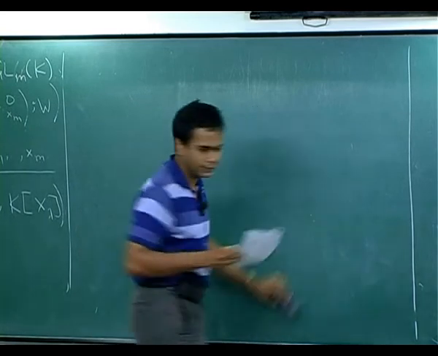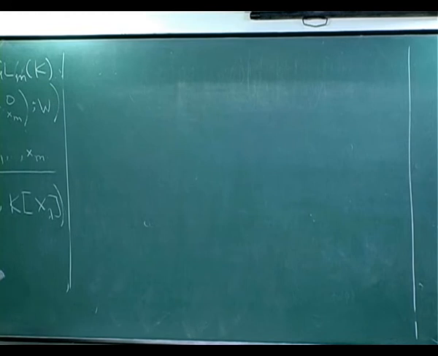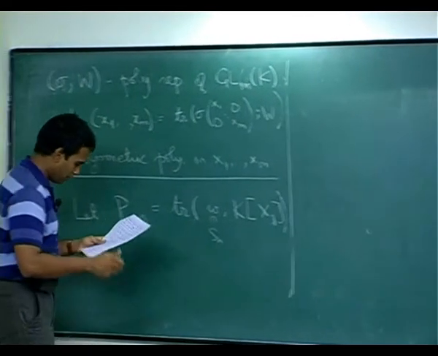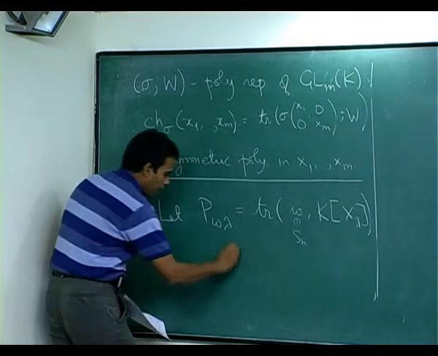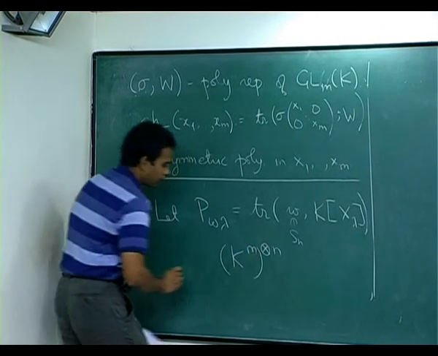Just for clarity, since there are going to be now two groups acting, the symmetric group and the matrix group, on k^m tensor n, I will look at two representations.